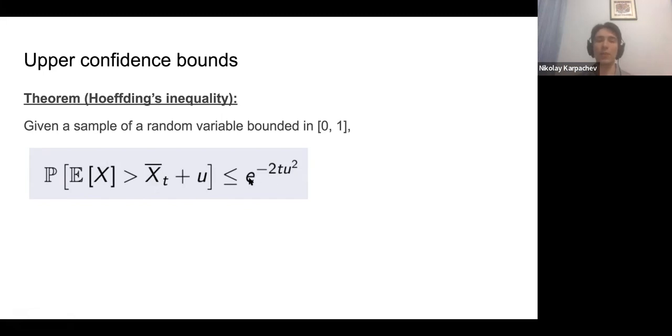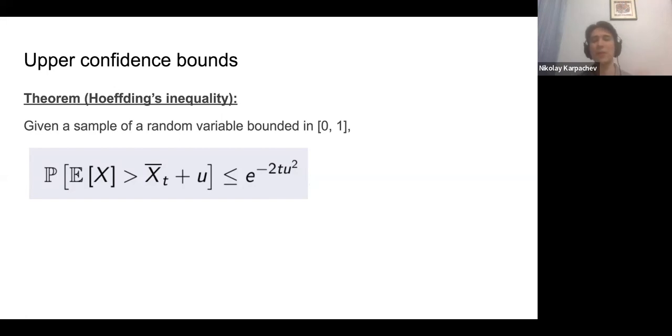And you can see that the greater the sample we have, the sample size is t, and the bigger the deviation is, the less the threshold will be. I don't think that we need to explain how this inequality works.